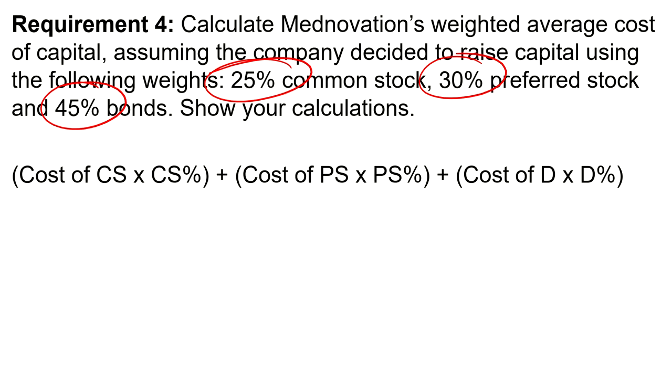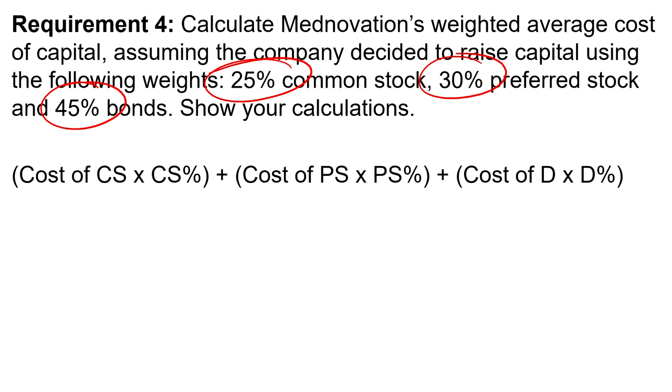Now, in this question, we have to use the costs that we calculated in the second requirement. Here's an example of how when you make a mistake, they don't carry that mistake through to other requirements. So if you got the wrong costs in requirement number 2, when it comes to requirement number 4 and you use those incorrect costs that you calculated in the second step, they're going to assume that those costs are correct.